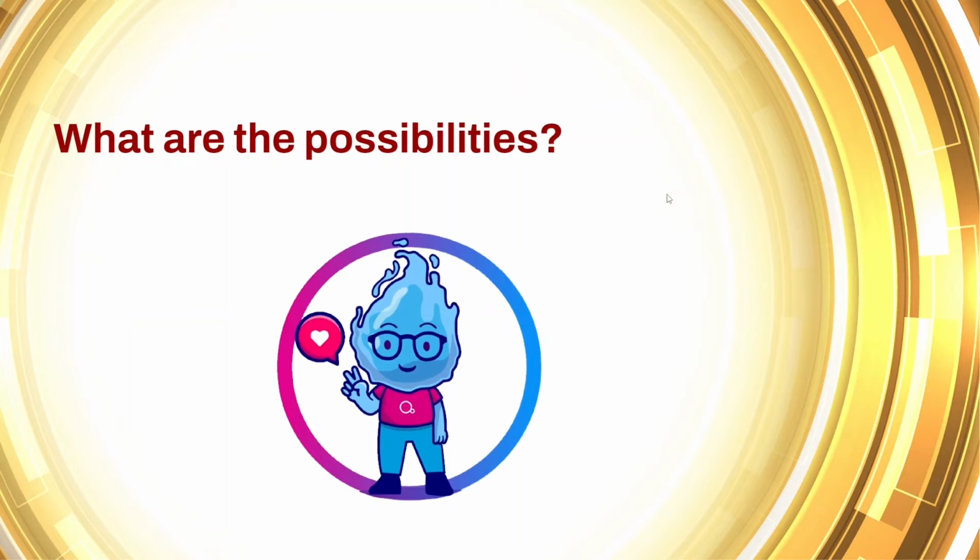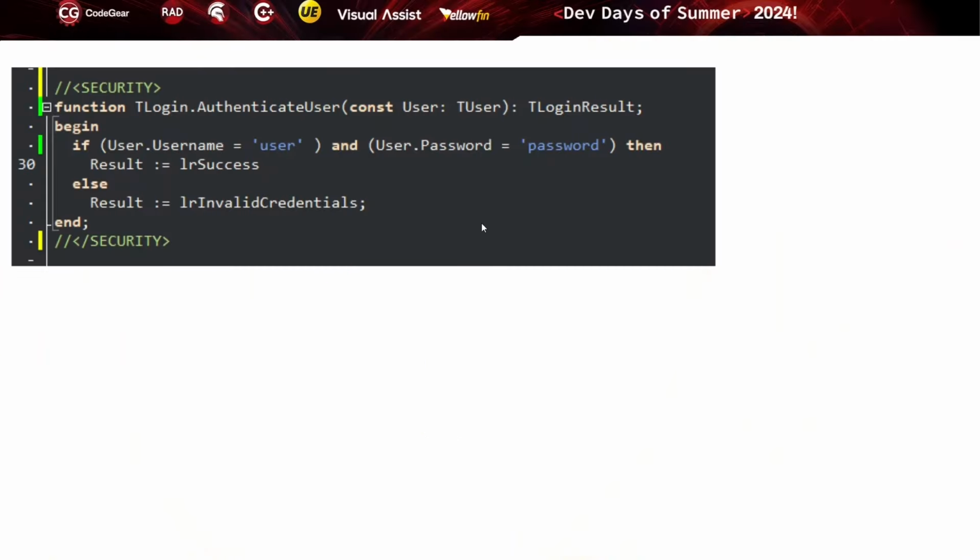So, what are the possibilities? As I told you before, we can use it for documentation, we can use it for unit tests. Here we have another case that we use a lot: security. Sometimes we have a very restricted or very sensitive routine, or a routine that a more junior developer must implement or maintain, and we can use the security flag.